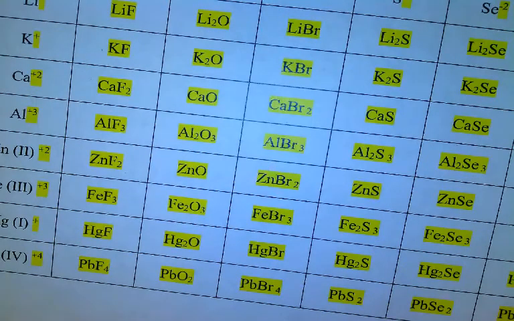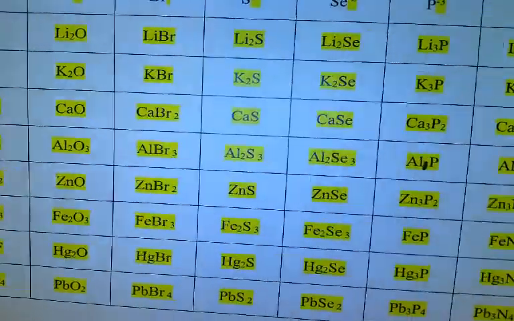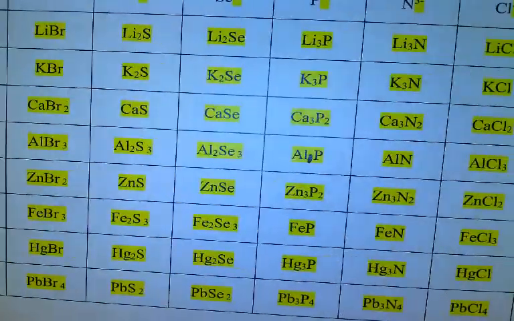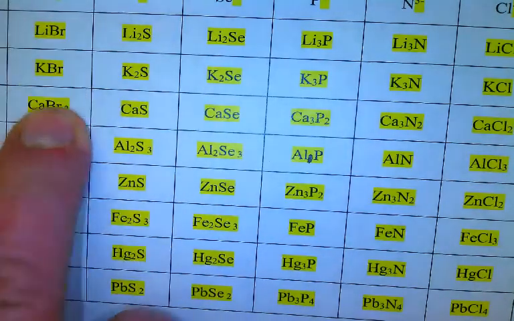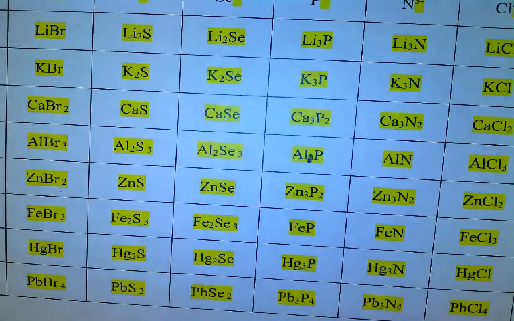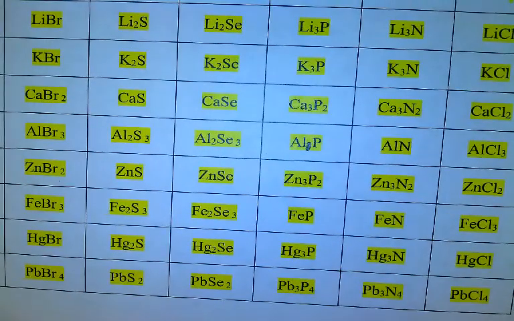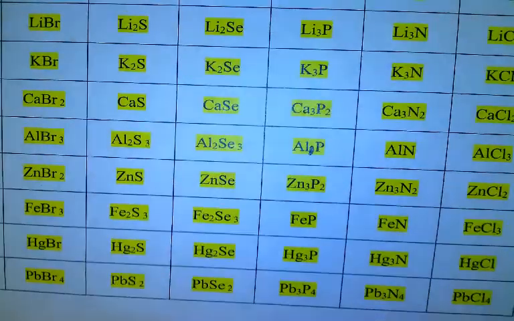Can I move this over? I'm going to move this over 2 columns. So this is column 3, 4, 5, 6, and 7. Tell me if I need to zoom in. Do I need to zoom in back there?